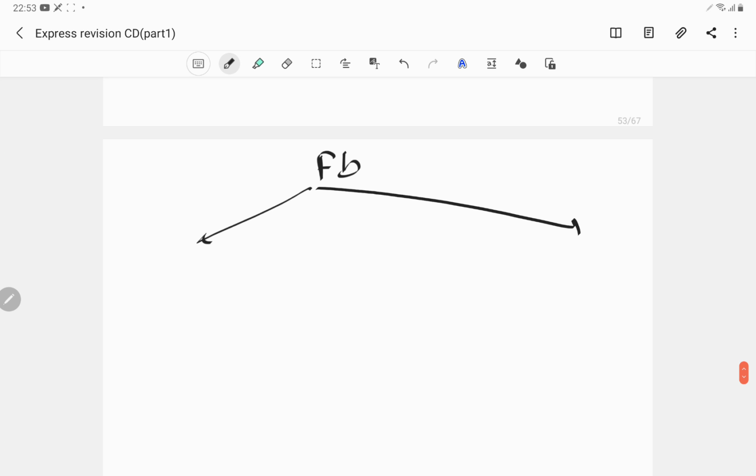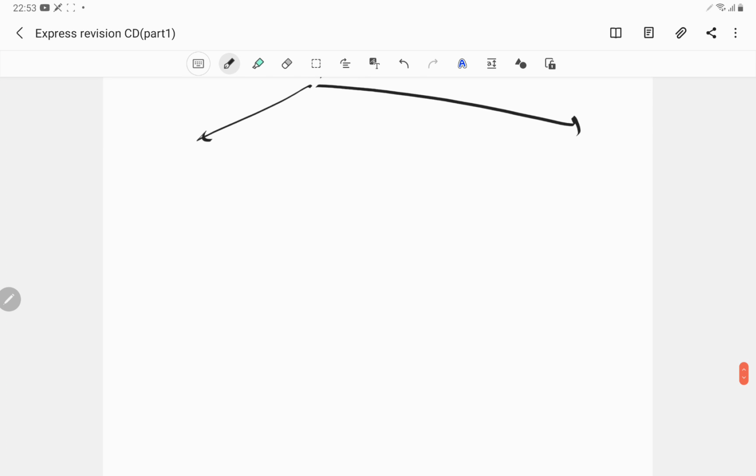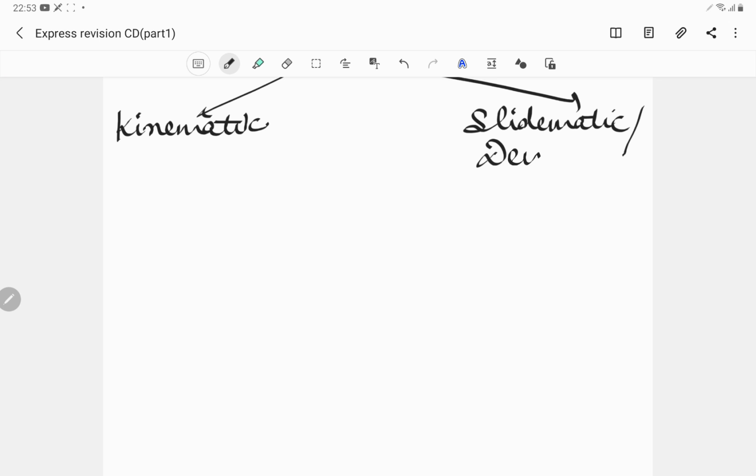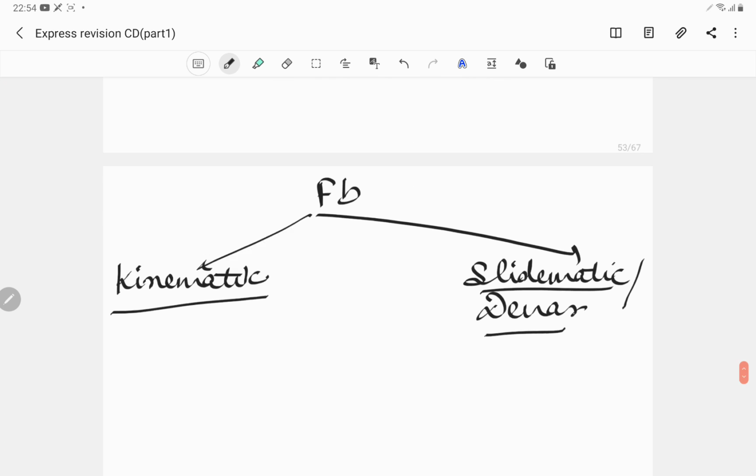One is the kinematic, another one is the slidematic or the Dinar type of face bow, right? The kinematic face bow is the face bow that is going to locate the hinge axis properly.